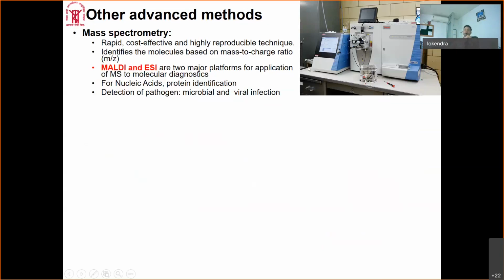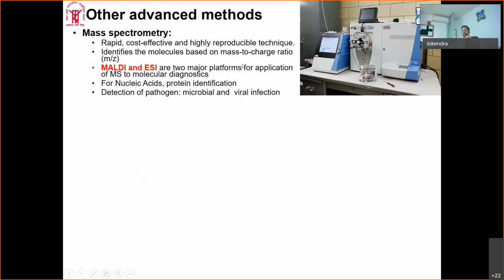Mass spectrometry is generally used to detect nucleic acids as well as proteins. It's primarily a separation technique. It is very rapid, cost effective, and highly reproducible. It identifies molecules based on their inherent properties of mass to charge ratio, so molecular mass and charge.